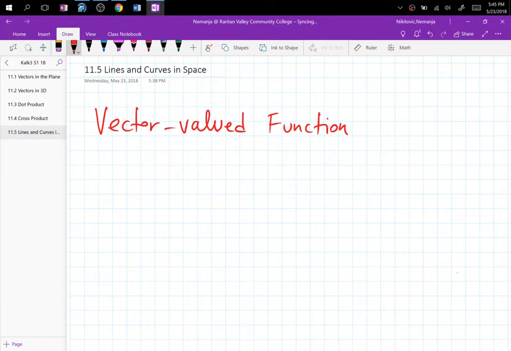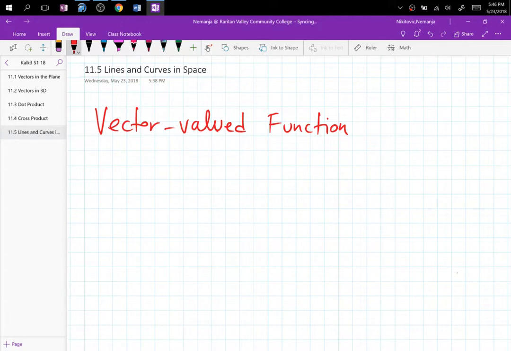A vector-valued function is going to be a collection of functions, which is actually parametrization from your chapter 10 from Calc 2.